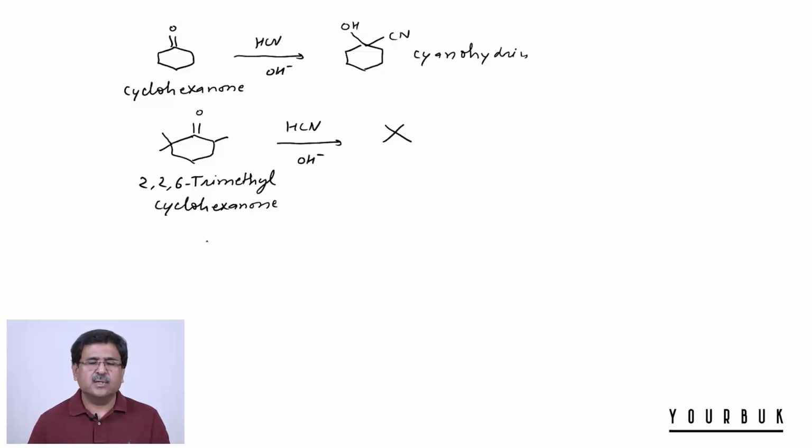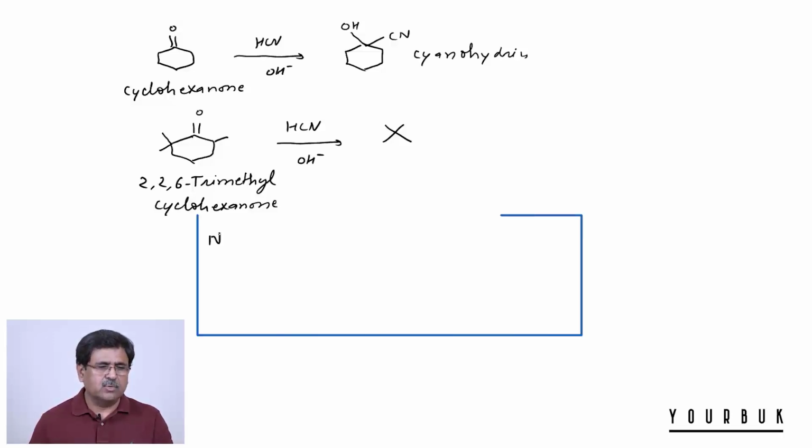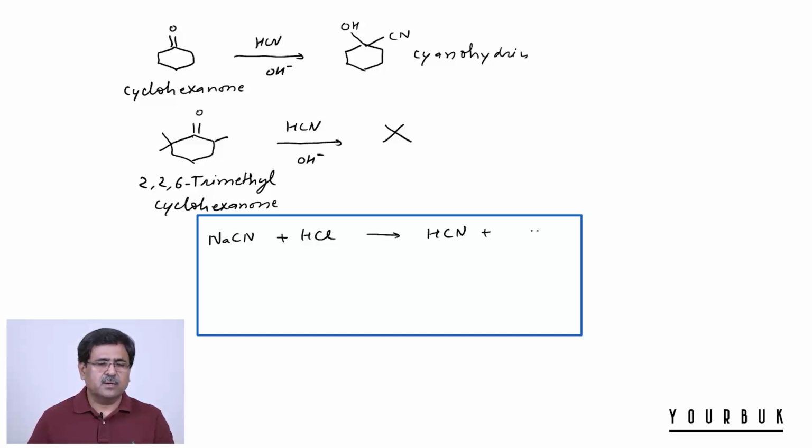Now this hydrogen cyanide can also be obtained by reacting sodium cyanide or potassium cyanide with a strong acid. For example, with HCl, it gives HCN plus sodium chloride. And once this hydrogen cyanide is produced, it can react with aldehydes and ketones to form a cyanohydrin. One more example. Now we are reacting this with sodium cyanide in the presence of HCl.